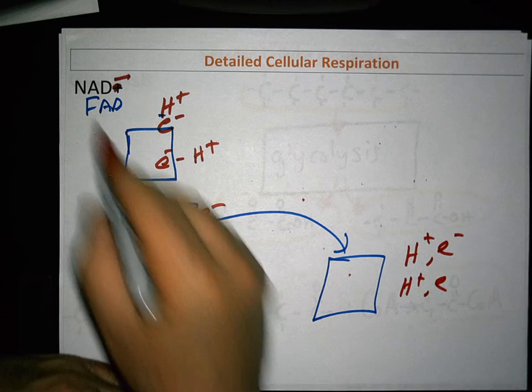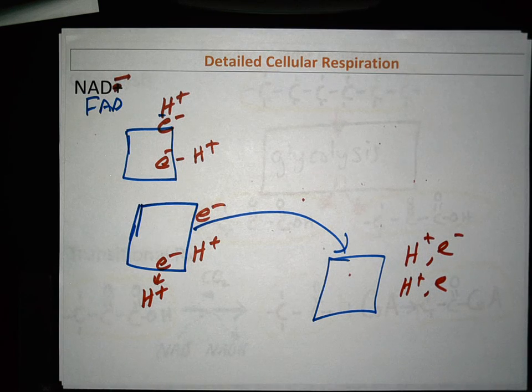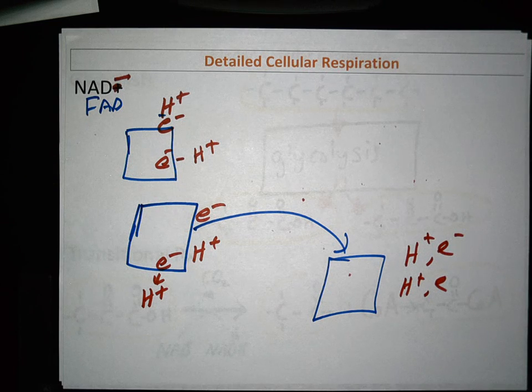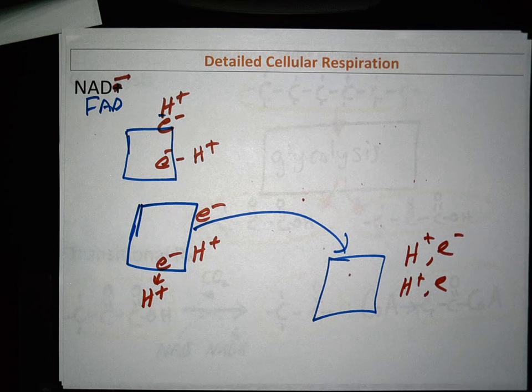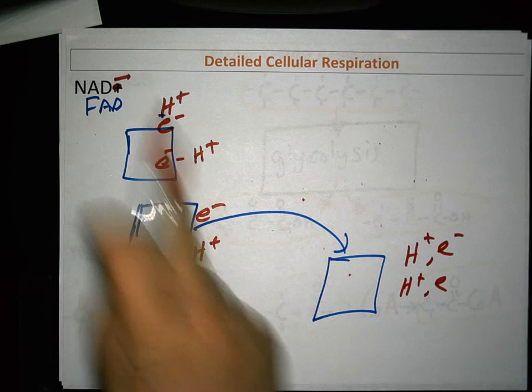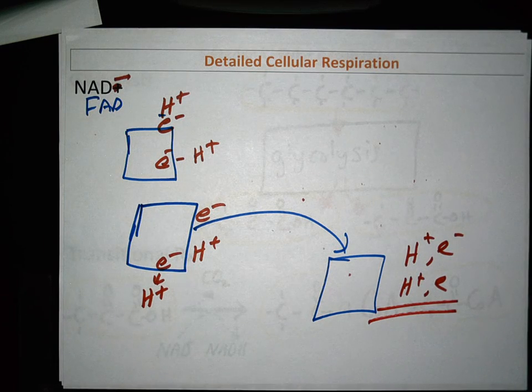So NAD has a very important function as an electron carrier. It shuffles the electrons and protons from glycolysis and the Krebs cycle to the electron transport chain. If NAD is not working, it cannot transport these hydrogen protons and electrons, and cellular respiration stops, at least at the electron transport chain.